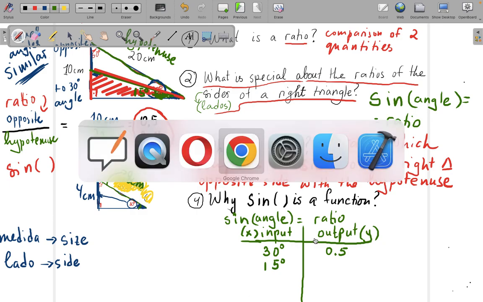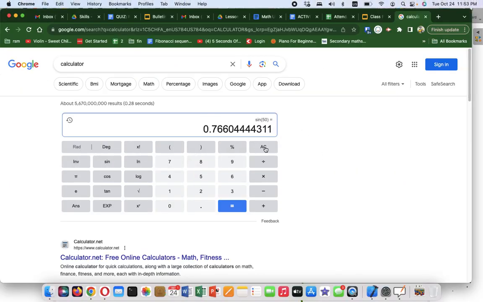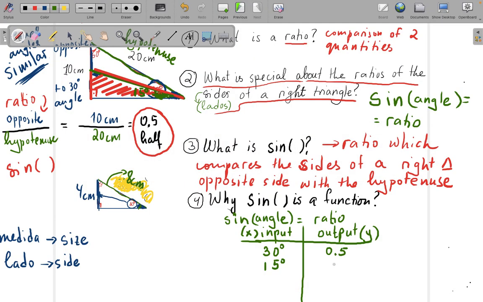So what I can do is go to a calculator and I can type sine. I need to make sure I choose degrees, and then I type 15 and it gives me 0.258. So I'm going to round it 0.26. So the result here will be 0.26. That's the ratio I get.